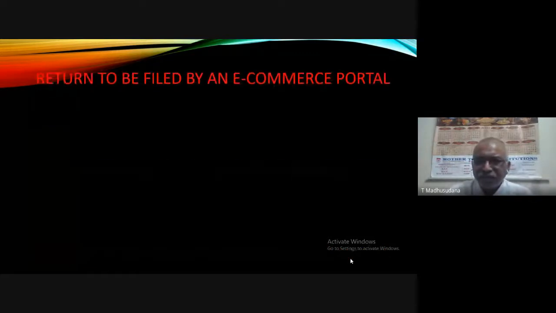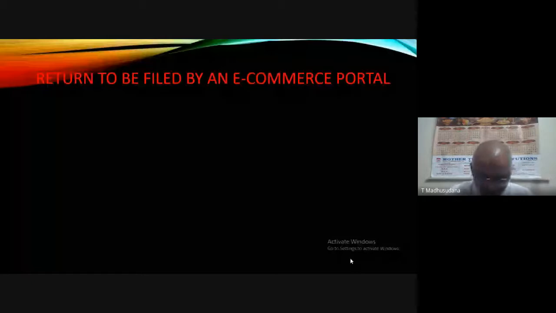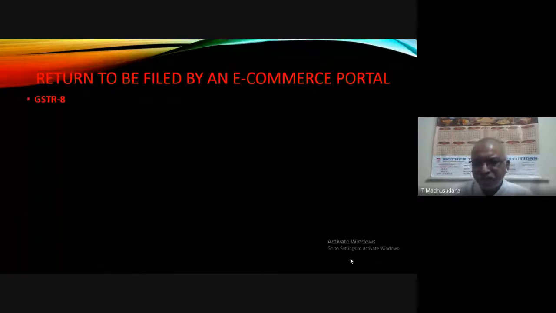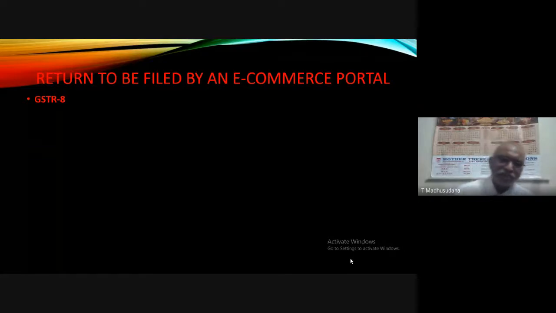Next, returns to be filed by an e-commerce portal. E-commerce operators should also file their returns. Everybody should file their returns online only. The e-commerce operator should submit monthly returns in GSTR 8.